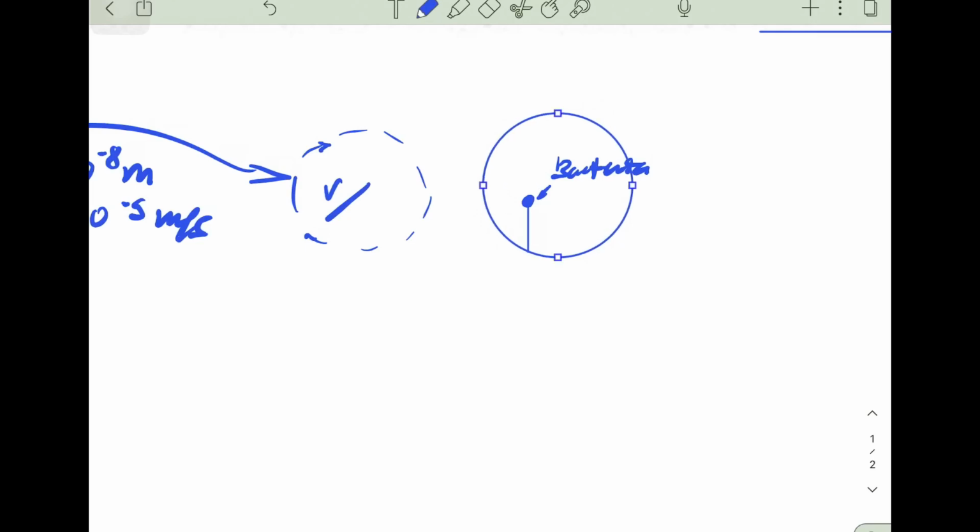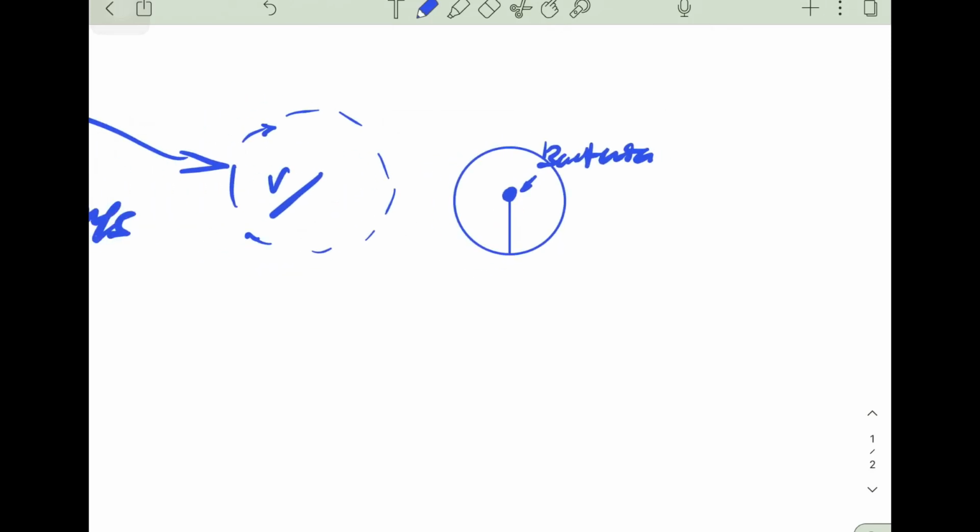It's not really proportional, but hopefully you get it.